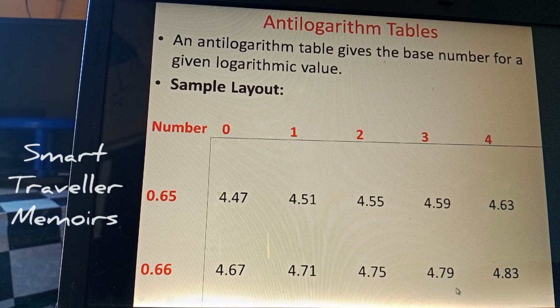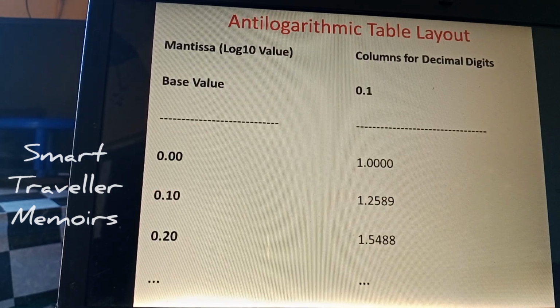An anti-logarithm table gives the base number for a given logarithmic value. Sample layout is there. Then the table layout is like that. Mantissa, log to base 10 value, and columns for decimal digits.